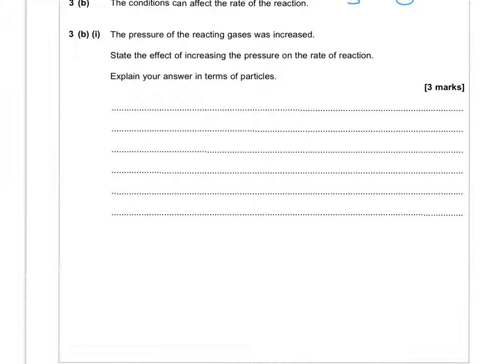Next one, 3b, part 1. The pressure of the reacting gases was increased. State the effect of increasing the pressure. So now this is important. State the effect. So firstly, I'd be saying, does it increase the rate of reaction, or does it decrease the rate of reaction?